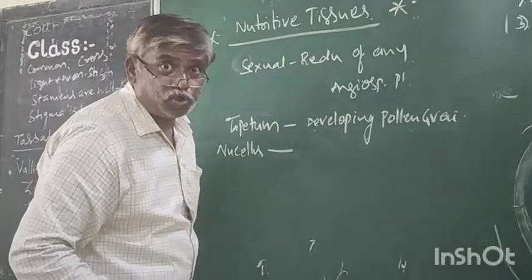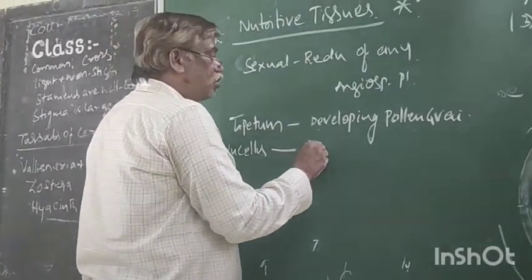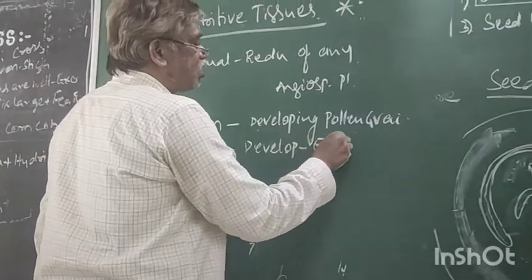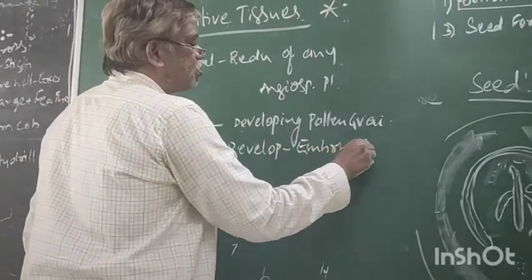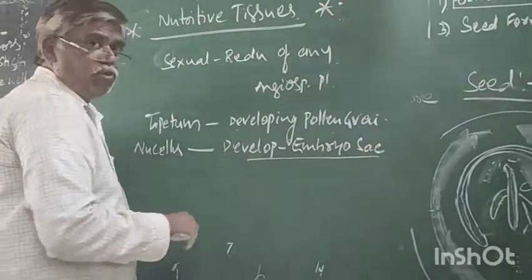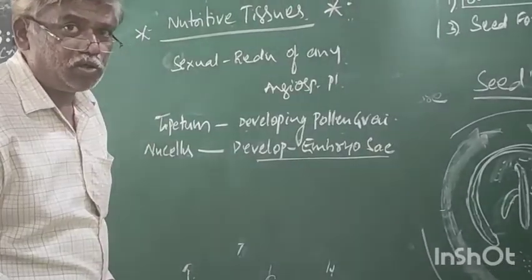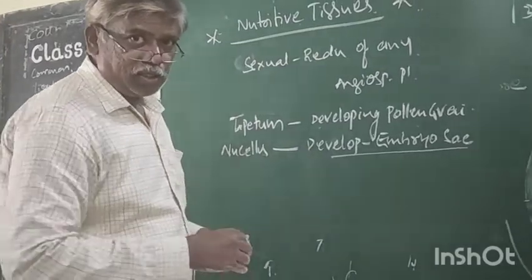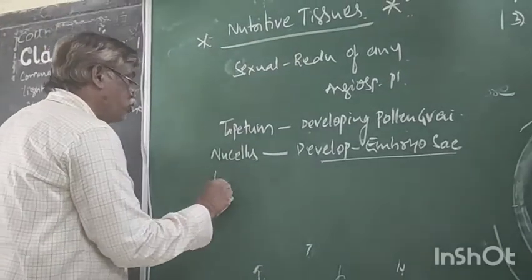Nucellus is a nutritive tissue for developing embryo sac. The embryo sac also requires food. The food is nothing but nucellus. Now choose the third one. Endosperm.